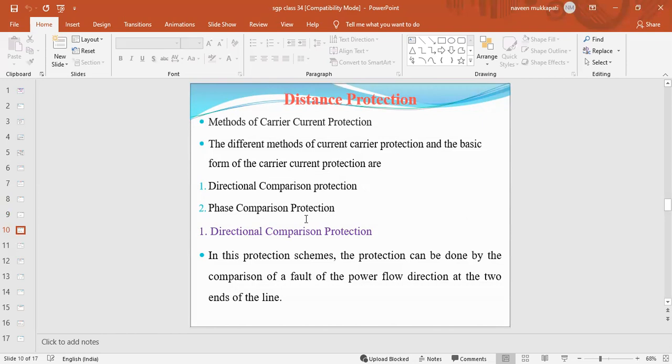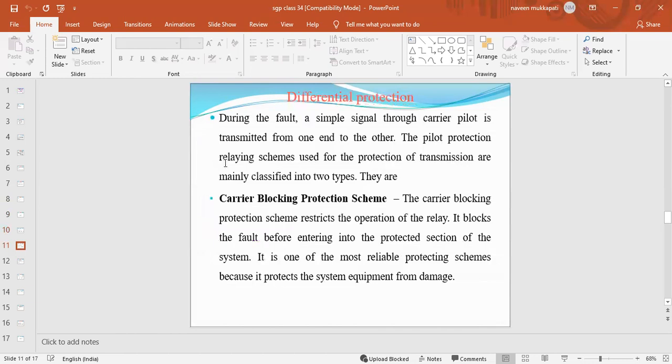These are the two methods. The first one is directional comparison protection. This type of protection is done by comparing the fault power flow direction at the two ends of a line.